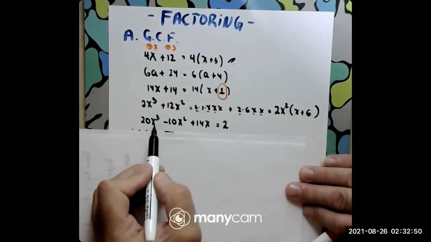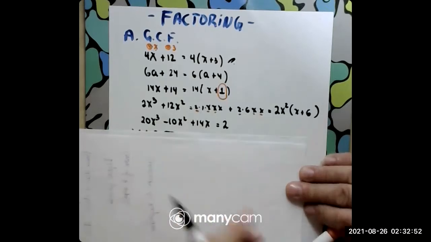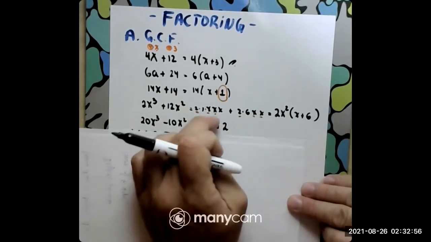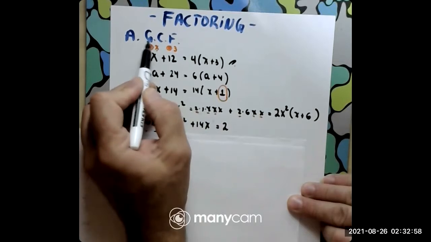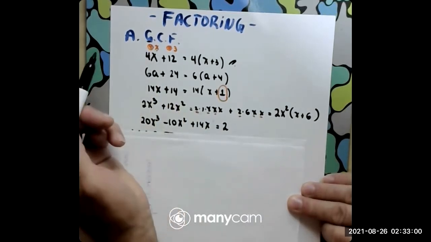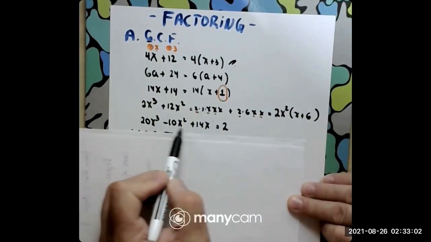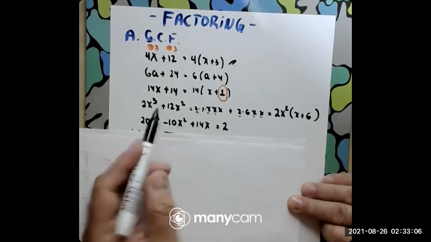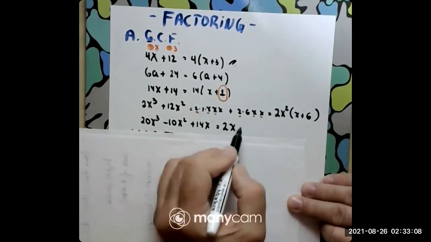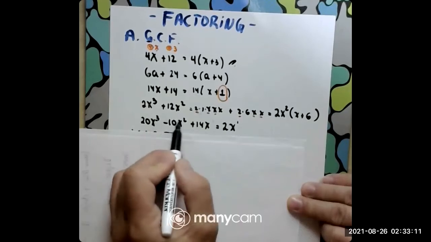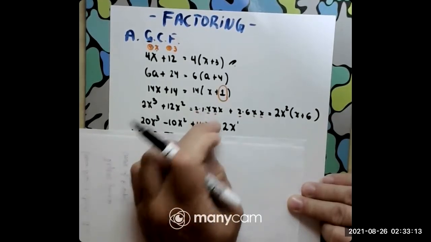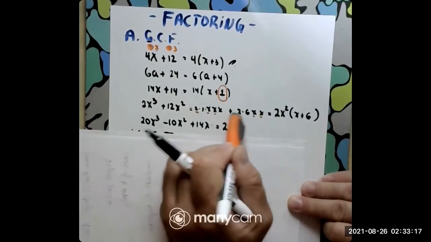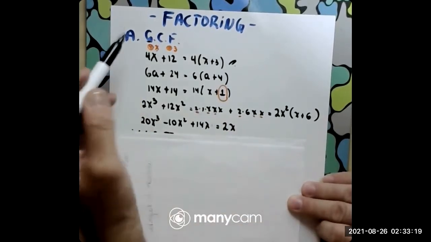Notice that we have x cubed, x squared, x to the 1, which we never write the 1. Every time I'm looking for the greatest common factor, and I have the variables, I always choose the variable with the lowest exponent. I have x to the 3, x to the 2, x to the 1. So the lowest exponent will be x to the 1, which of course we never write down. So let me repeat.